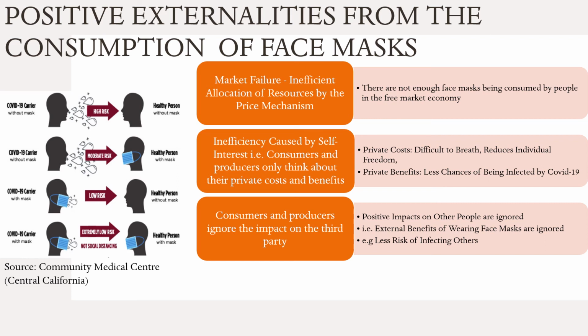In the third, a COVID-19 carrier with a mask will have a low risk of transmitting the virus to the healthy person without a mask. The fourth scenario is the best outcome, where if both the COVID-19 carrier is wearing a mask and a healthy person is wearing a mask, the transmission risk will be extremely low.